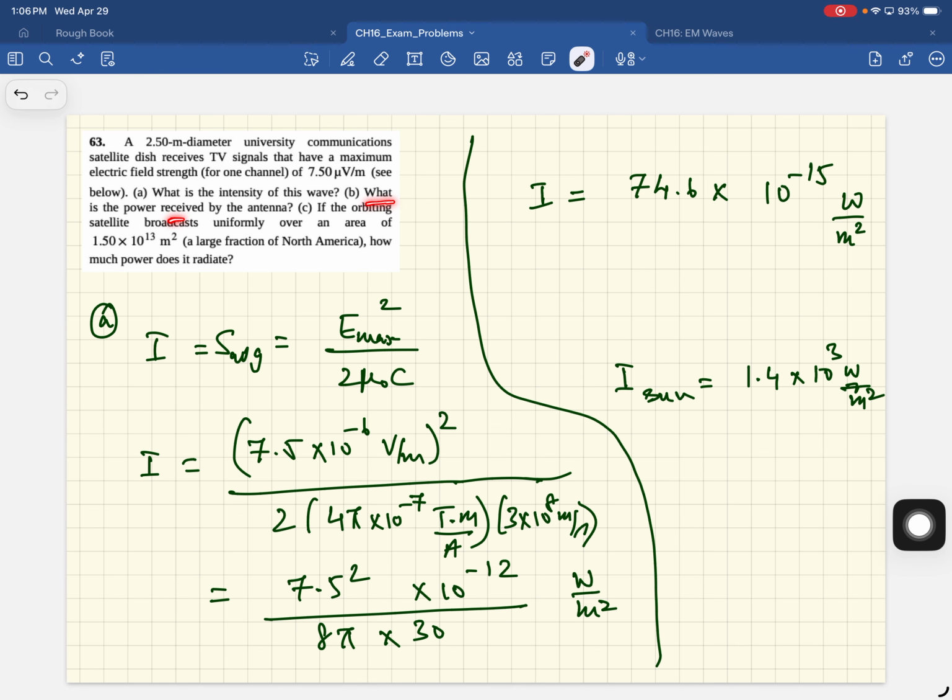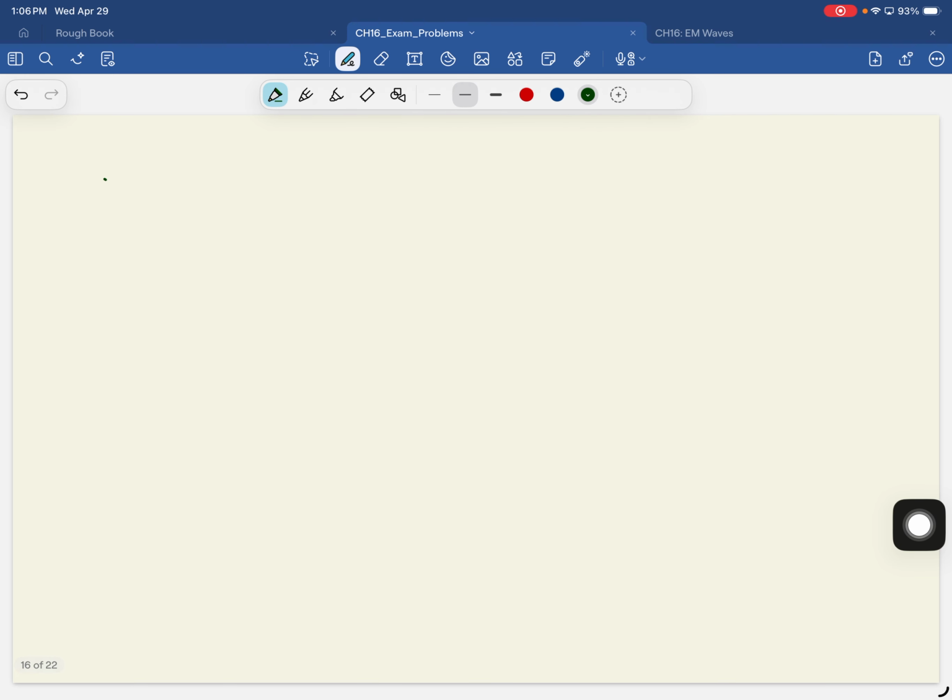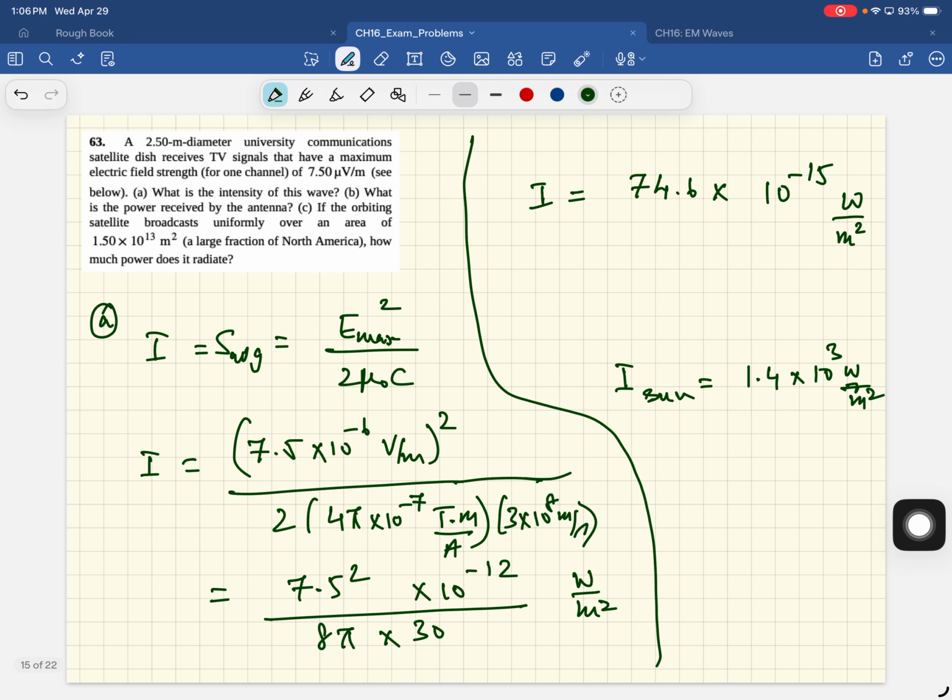So what is the power received by the antenna? The intensity is power divided by area. So power is intensity times the area of the dish, and they give you that the dish has a diameter of 2.5 meters.